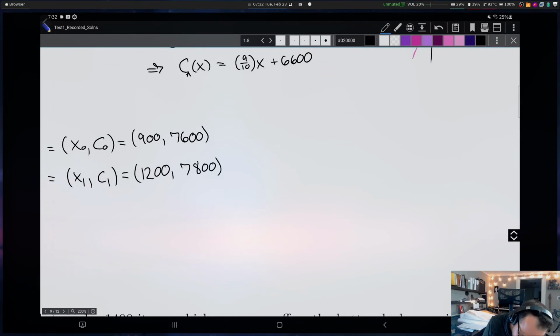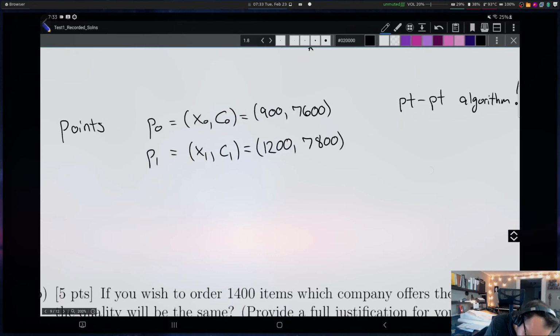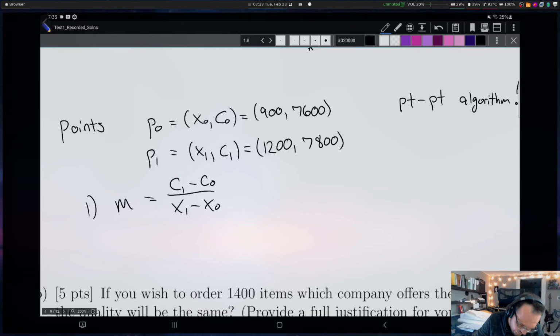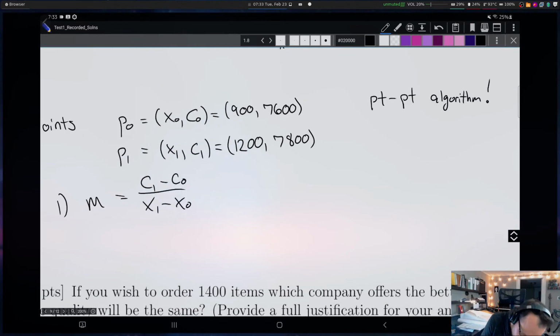And so we have 2 points. And I should be thinking point slope formula for this guy. But really, we remember that there was an algorithm to do this. And step 1 was compute the slope. So we need a slope. And it was the difference in the outputs. I guess we can take them c1 minus c naught over x1 minus x naught. So the difference in outputs over the difference in inputs.